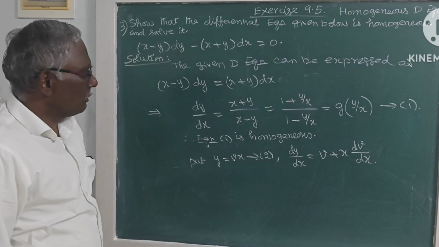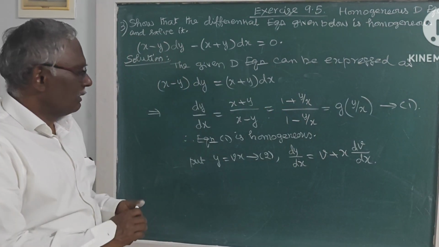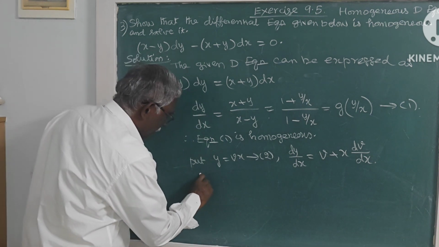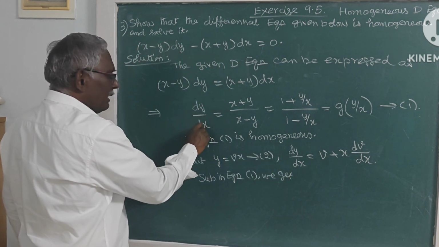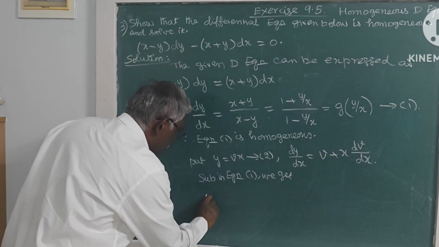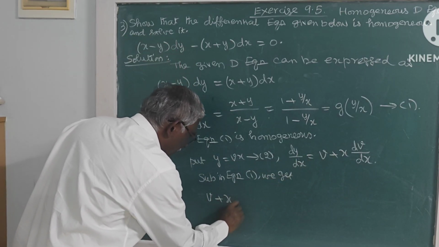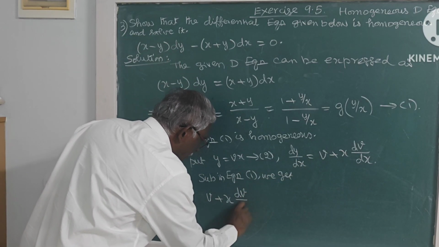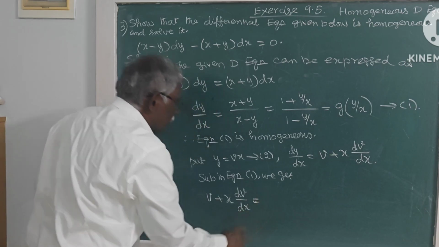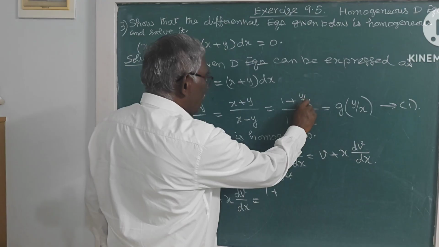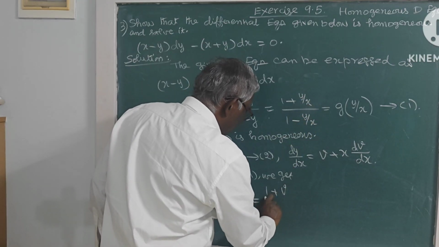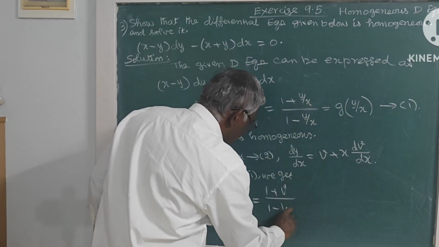Then that will change to variables separable form. Substitute in 1. dy by dx is v plus x into dv by dx, then 1 plus y by x is 1 plus v by 1 minus v.